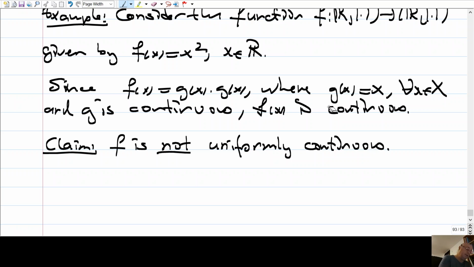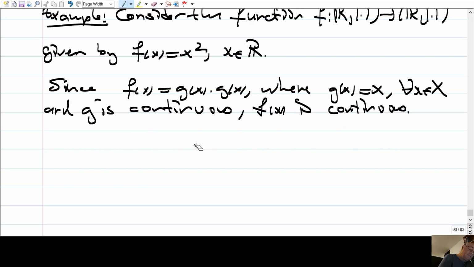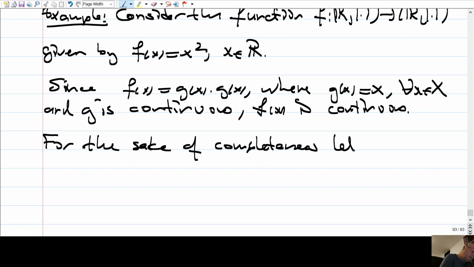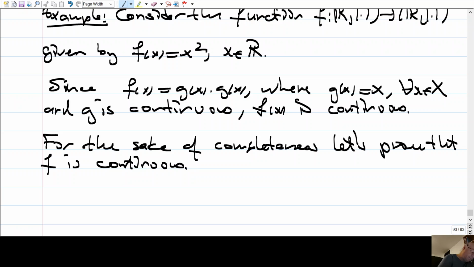Or maybe let me first show that this is continuous using the epsilon delta definition. Okay, for the sake of completeness, let's prove that f is continuous using epsilon delta.